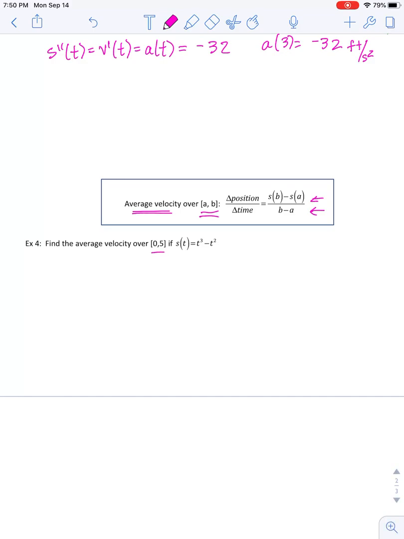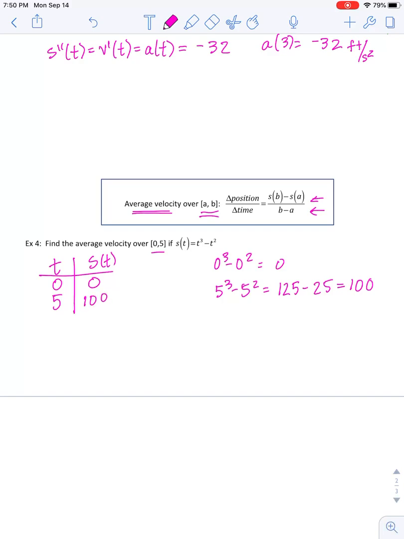In this case. So given position here, what I like to do is I just like to make up a simple little table. So at time 0, 0 cubed minus 0 squared is 0. Very nice. And then 5 cubed minus 5 squared. Man, these numbers today. What is this? 125 minus 25 is 100, I think.